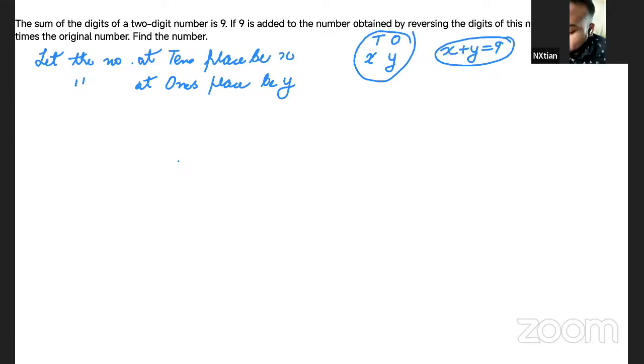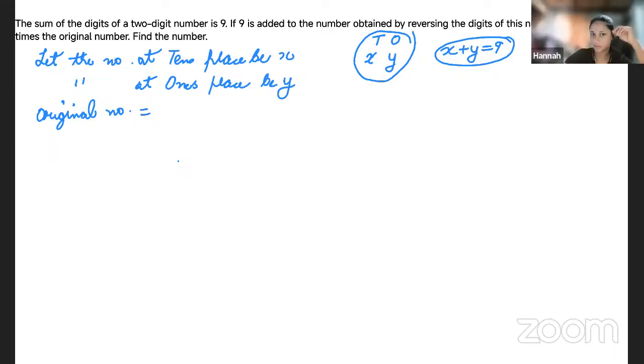Now, if 9 is added to the number obtained by reversing the digits of this number, first of all, we have to make the original number as well as the reversed number, because it's mentioned. So what will be the original number? Tell me, quickly. x plus y, right? x plus y equals 9.